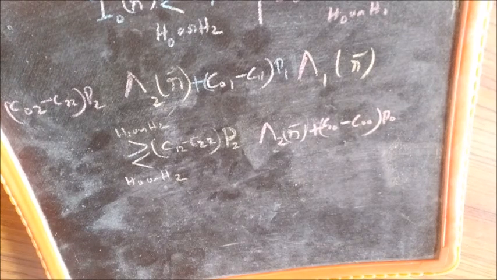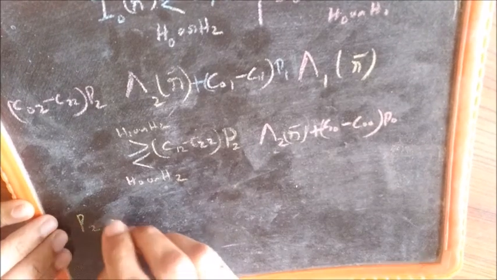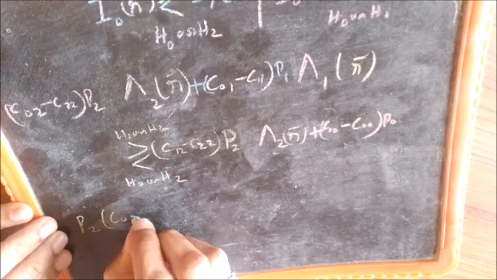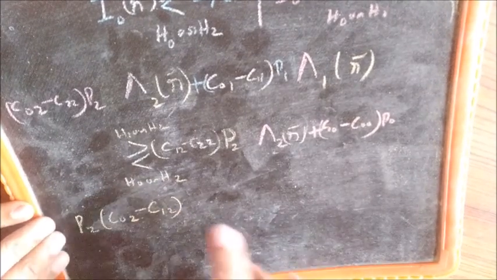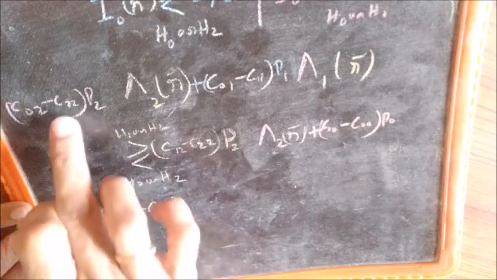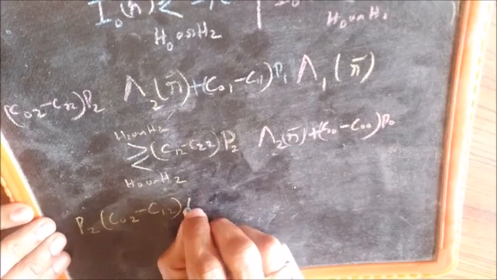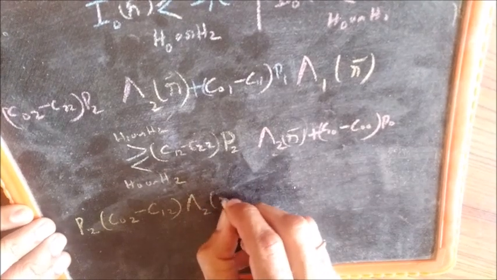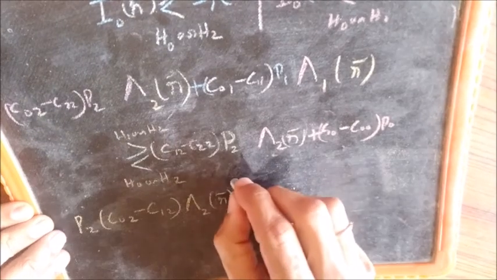I can write this as equal to P2 (C02 minus C12). You can see that this C22 is cancelling. As I said, I am not going to explain the steps in detail. You can verify.